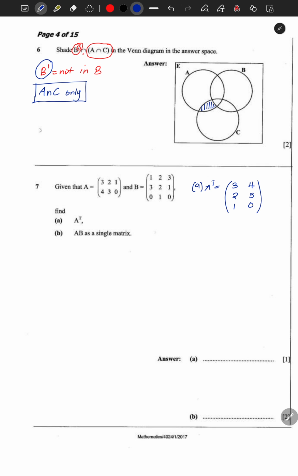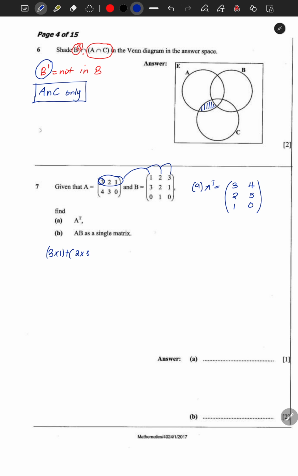So here's what we do. We multiply row by column always. If we start with this row, it must multiply every column until you get done with it. So 3 times 1, then 2 times 3, then 1 times 0. Those you add, because it is a single row and single column.